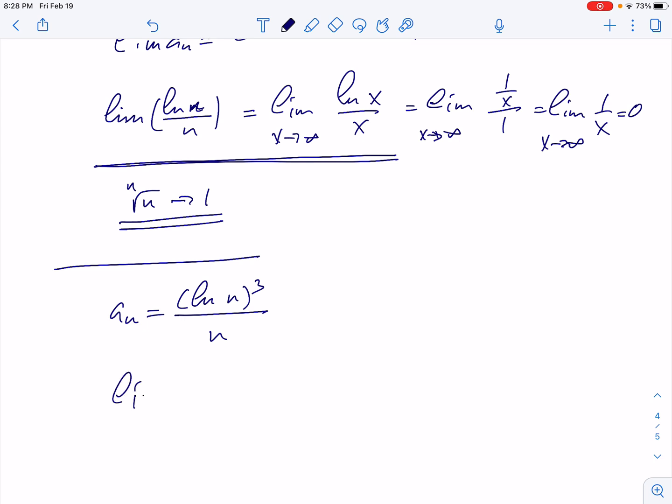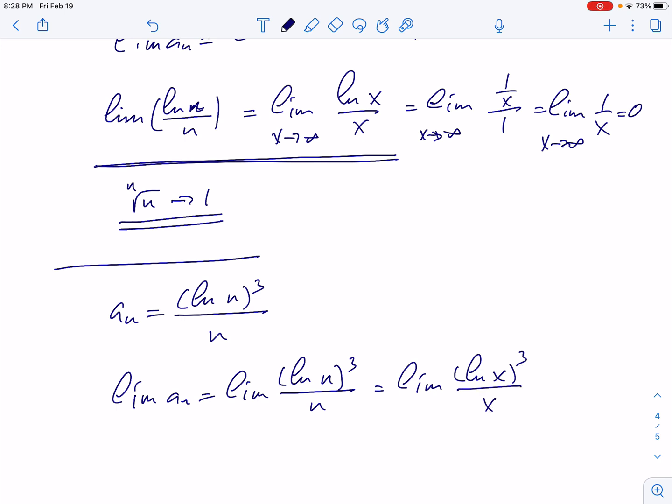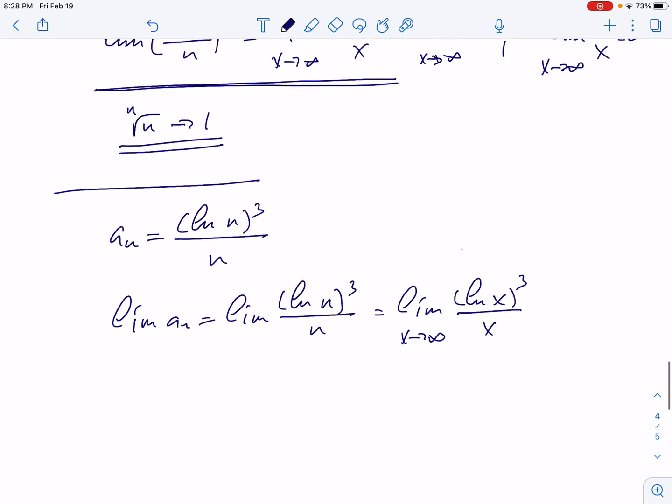I'm writing the limit of a sub n. This is the limit of natural log of n cubed over n, passing to functions, this extends to a function, so I can write the limit of natural log of x cubed over x when x grows to infinity, and this is infinity over infinity, an undetermined form.